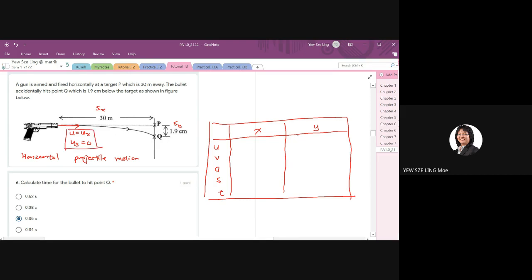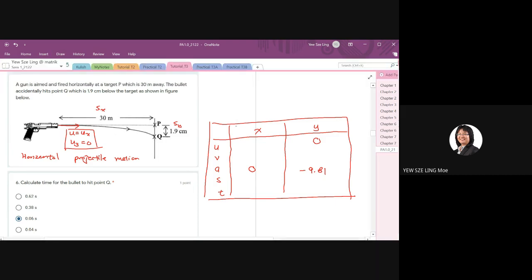So straight away, we can substitute UY equals 0 in the table because initially there's no Y component. And V, we don't have the information. How about A? A for the X component is always 0 because in the X component the object is moving with constant velocity. And for the Y component, it is always negative 9.81, because it is moving with constant acceleration.